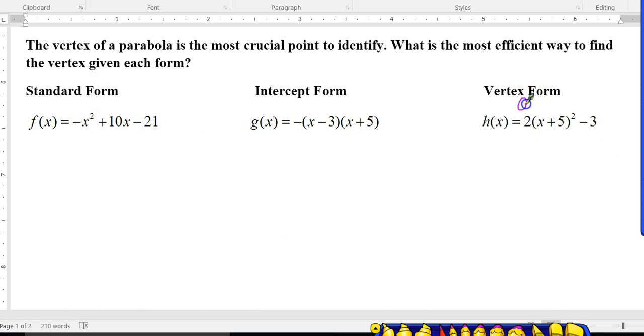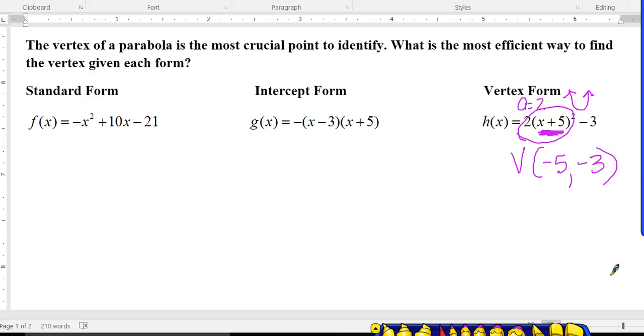Vertex form, my A is 2, right? So that means it opens up. And my vertex is evident right now. What x zeros this out? -5. And if this equals 0, doesn't this whole thing equal 0? So 0 minus 3 is -3.